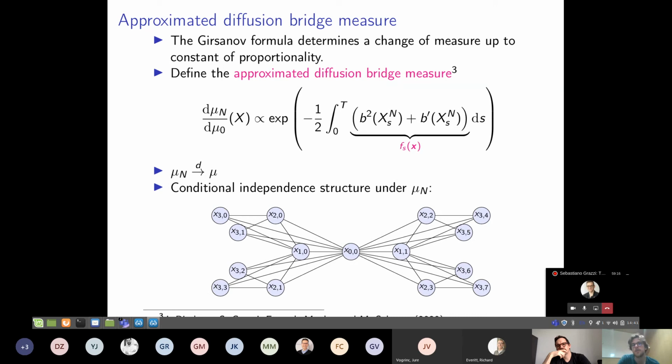When you take the gradient of the log density, you still have an integral of the gradient of this function fs, and we take a random point inside this integral using subsampling. So the evaluation of the gradient here is not of order capital T, but of order 1.